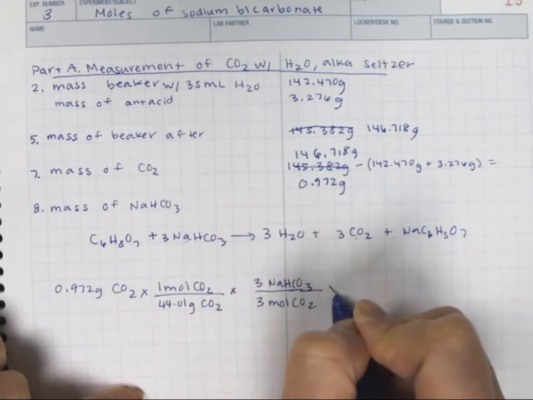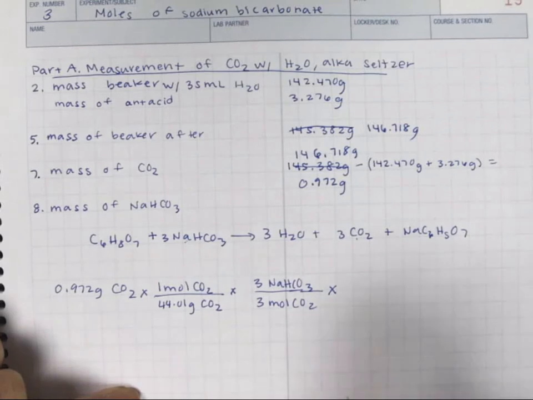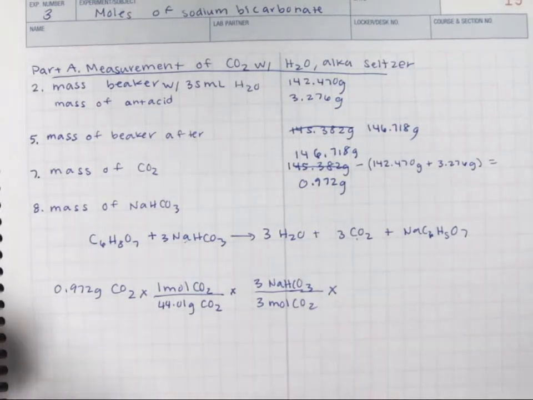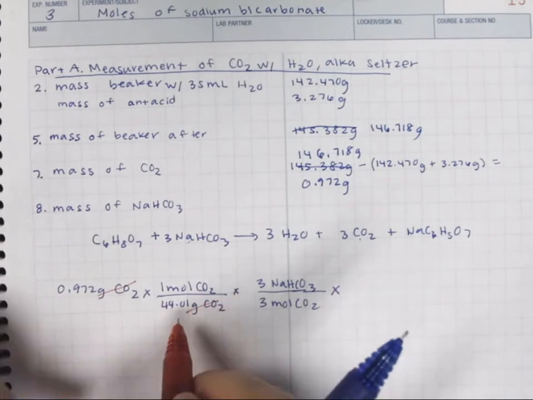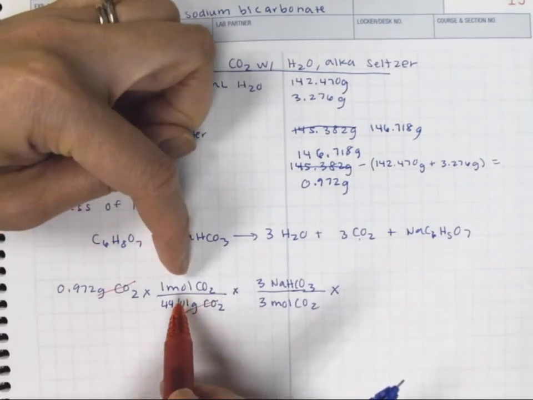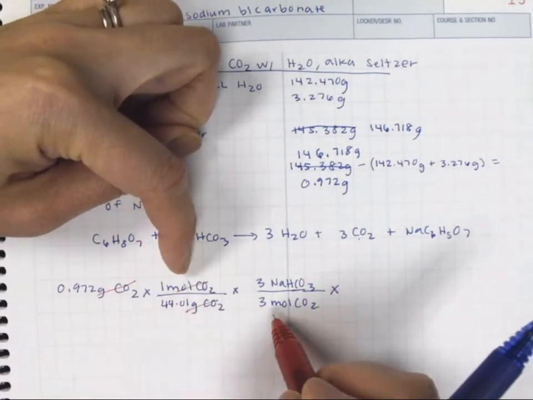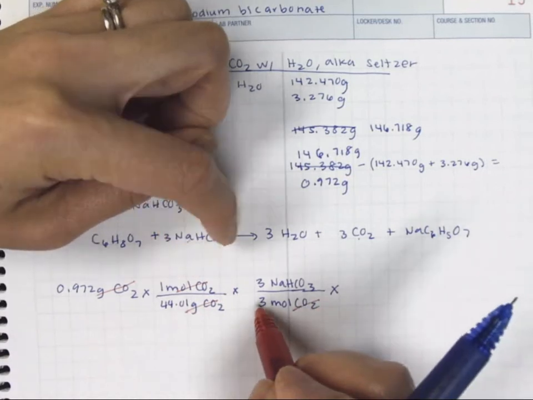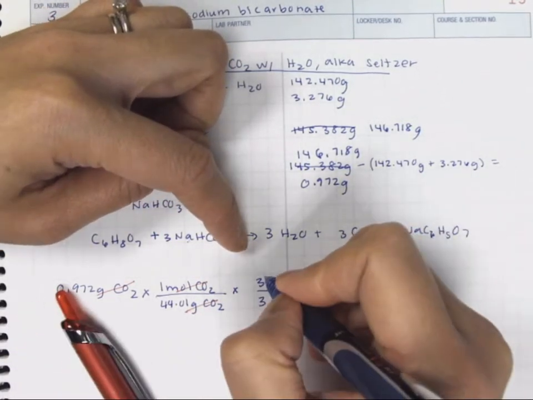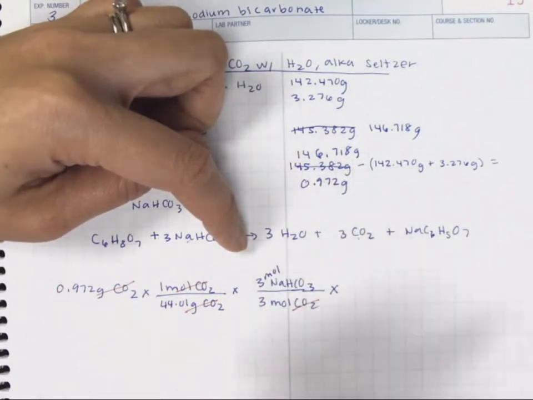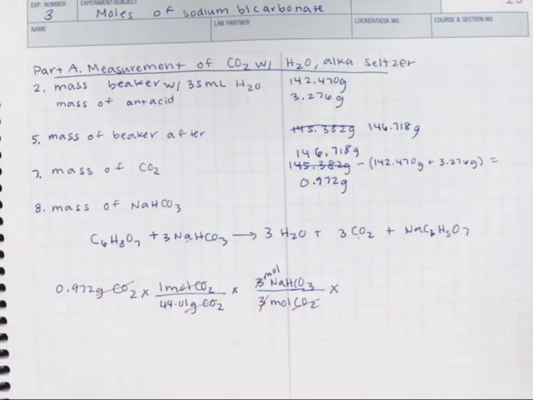per 3 moles of NaHCO3. And then I'm just going to cross these out here in different colors so you can see. So grams of CO2 now has been converted to moles of CO2, and then we're going to go from moles of CO2 to moles of NaHCO3, and then these 3's cancel out.